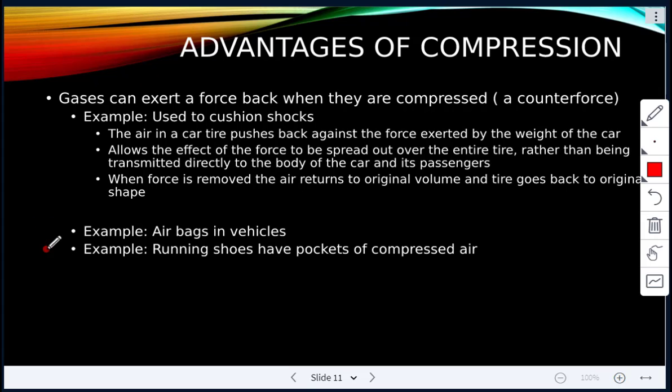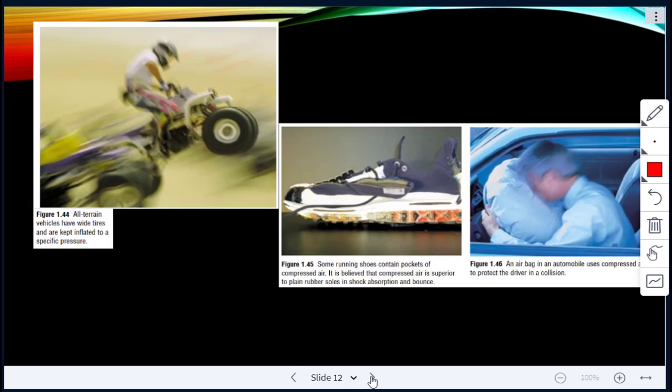Lots of running shoes these days have pockets of compressed air as well. All right, here are just some more examples. Here we have all-terrain vehicles. They have wide tires and they're kept inflated to a very specific pressure. Here are some running shoes.